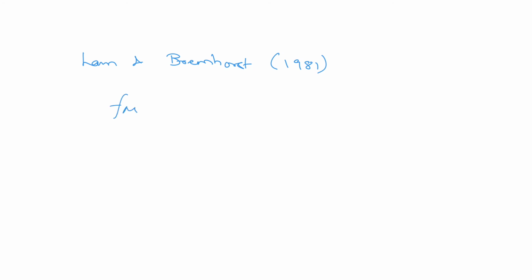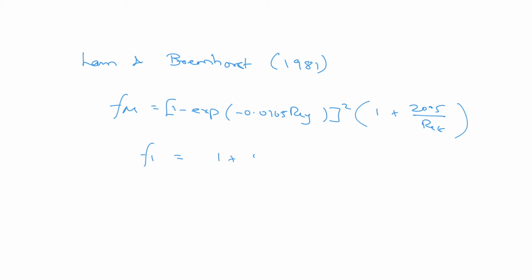F mu equals 1 minus exponential of minus 0.0165 Re_y, whole squared, multiplied by 1 plus 20.5 divided by Re_t, and F1 is given by 1 plus 0.05 by F mu, whole power 3.